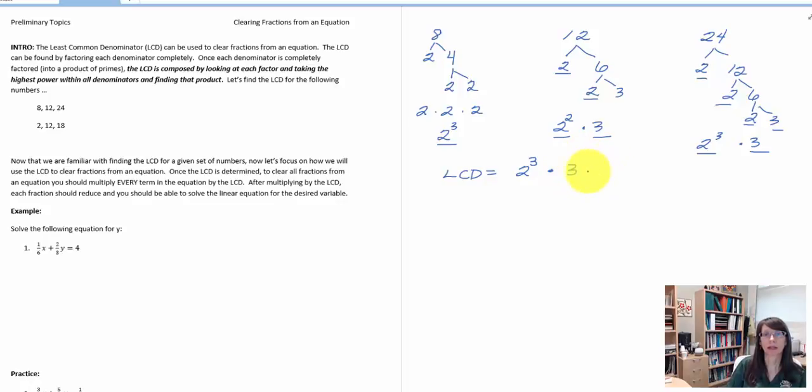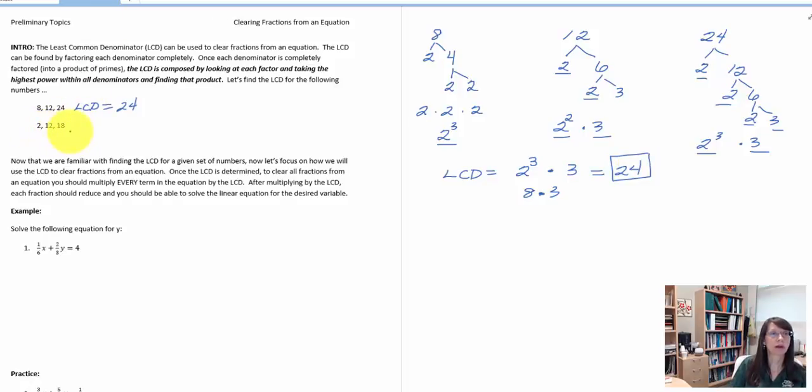So the last step is to multiply. So 2 cubed means 2 times 2 times 2, which is 8. So 8 times 3 will give us 24. 24 is our lowest common denominator.